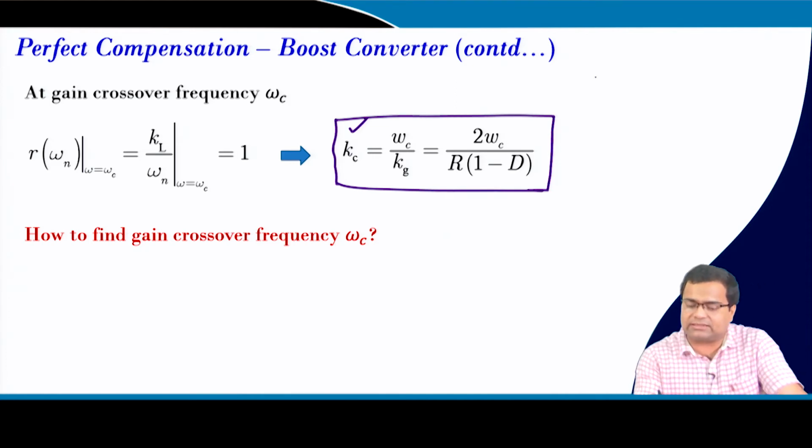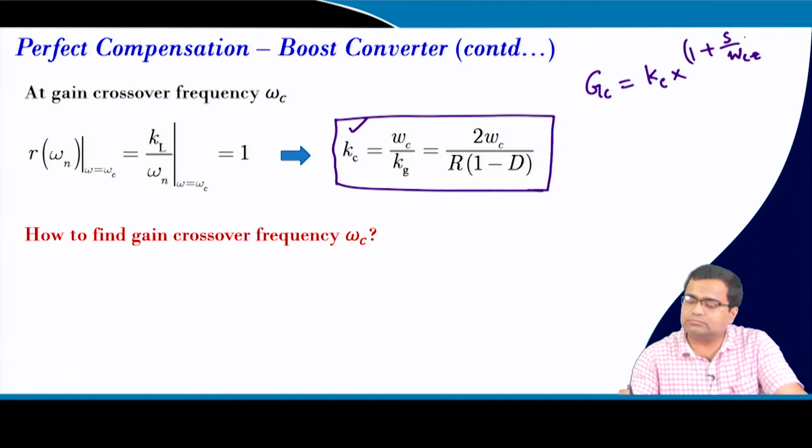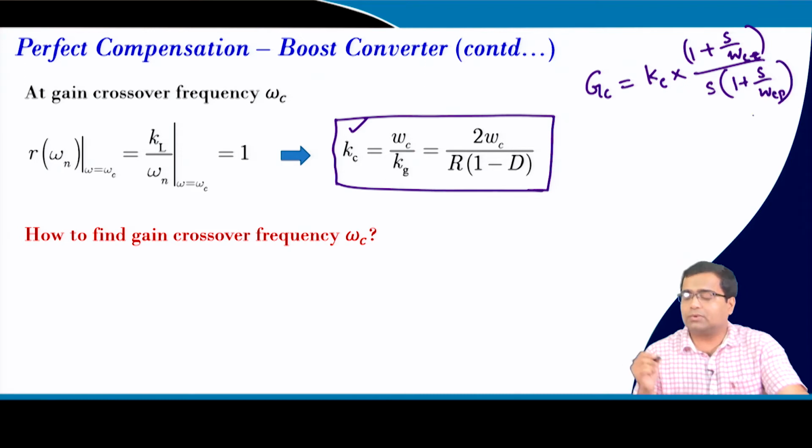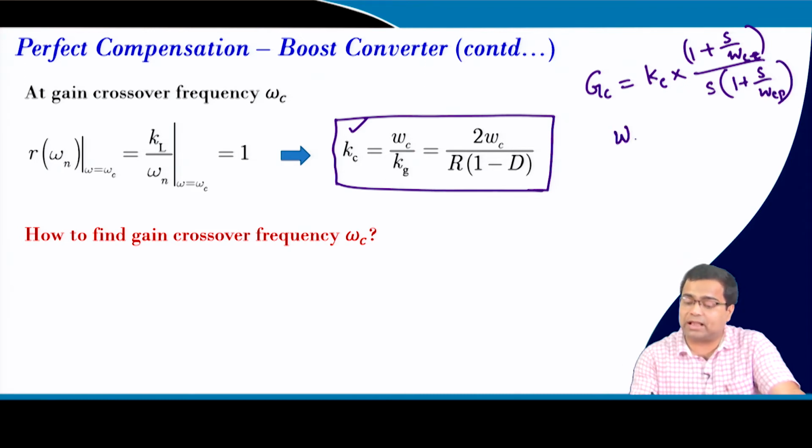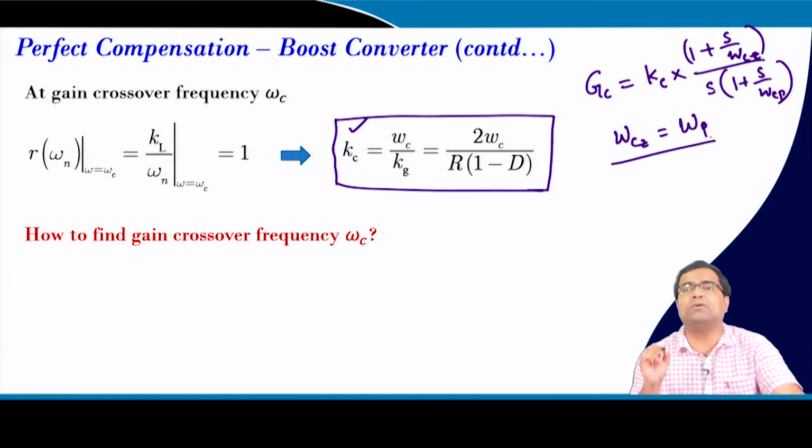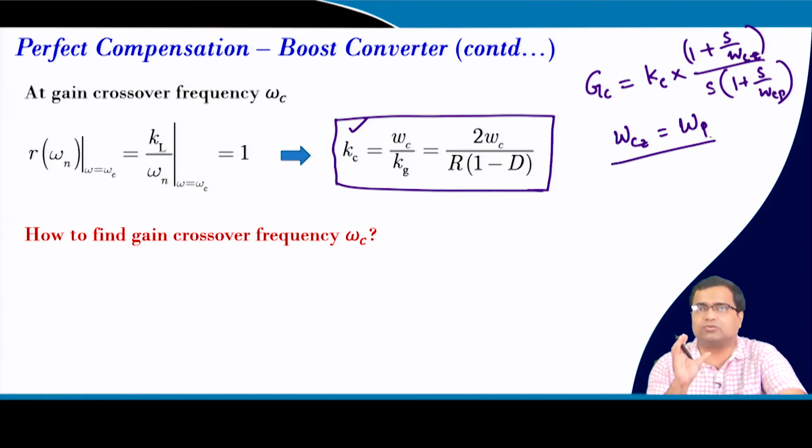If you recall, what is there in our controller: it has a DC gain multiplied by a controller zero, and the controller had one pole at origin and one pole, and we have set omega cz to cancel the pole of the open loop system, that means the control to output transfer function. So, this is already well known because we have cancelled.